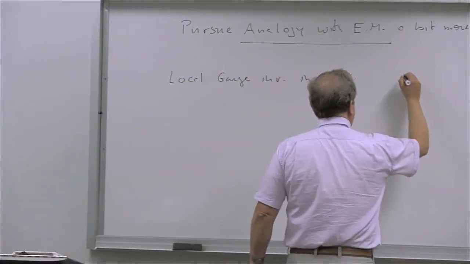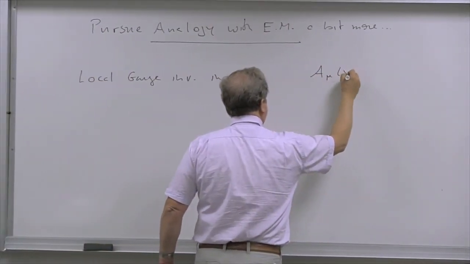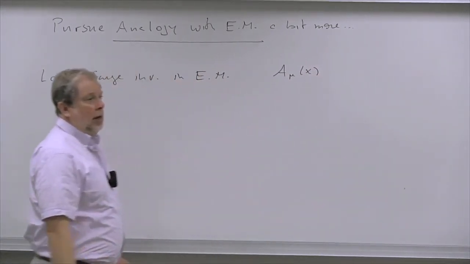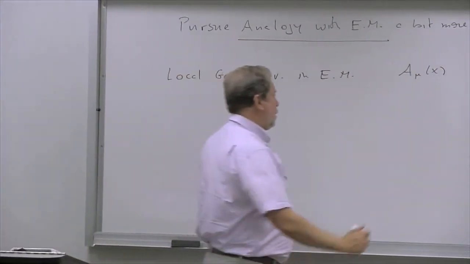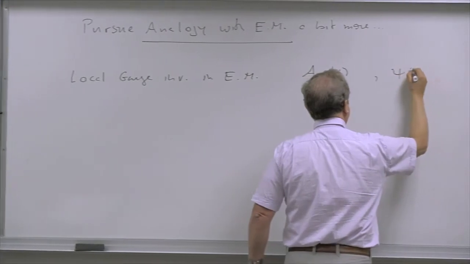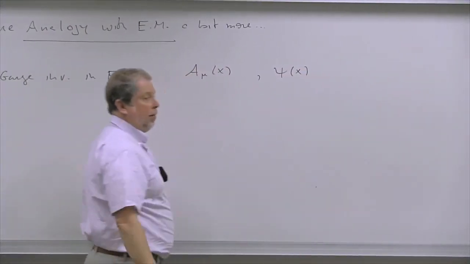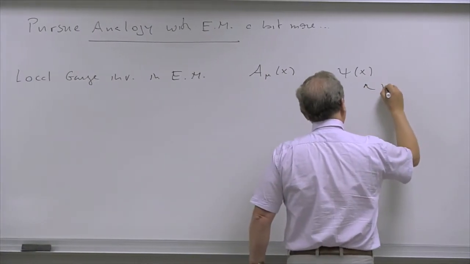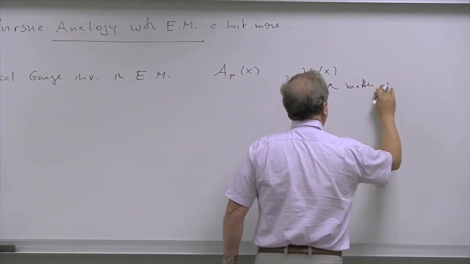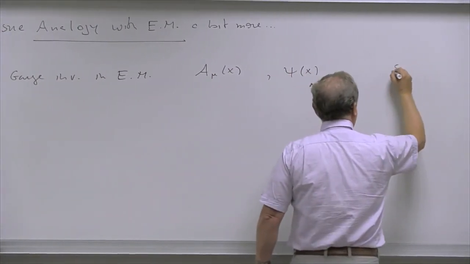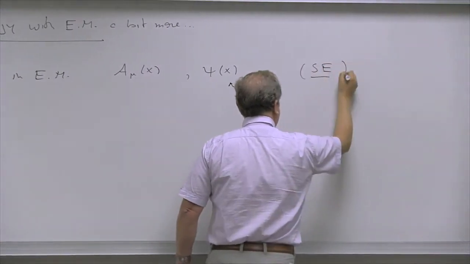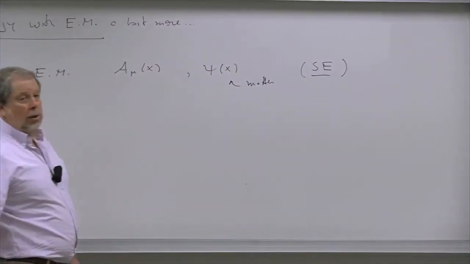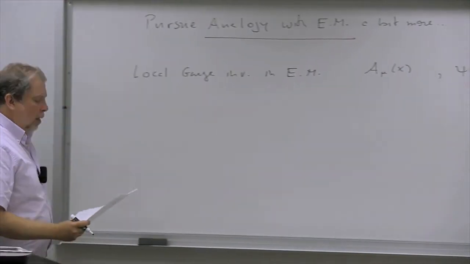And so this is something that we learned, for example, in the quantum mechanics class, right? And so we have, of course, the electromagnetic field, A mu of x, right? And we have also matter fields, right? So matter fields are described by some psi of x, for example. And so the kind of setup we would be thinking about would be, for example, the Schrödinger equation, or the Dirac equation, right?